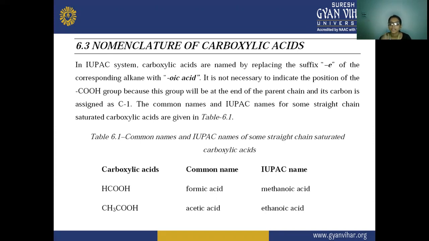From the carbon in the carboxylic group, we have to start the numbering. The common names and IUPAC names for some straight chain saturated carboxylic acids are given in this table. Here in the table, you can see the common names and the IUPAC names of these straight chain saturated carboxylic acids.